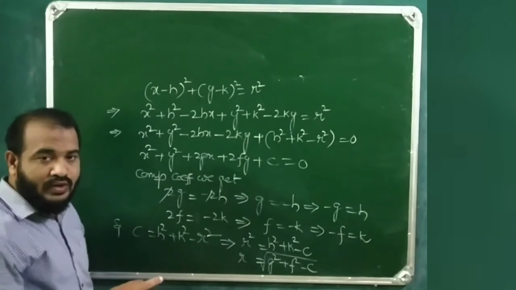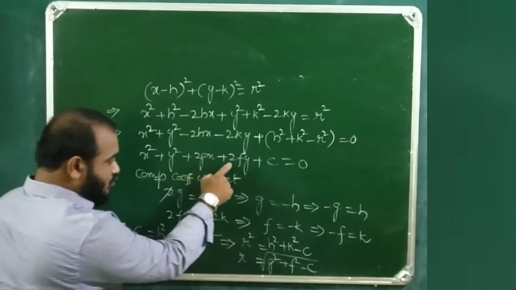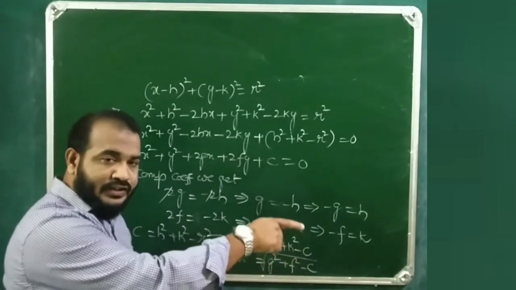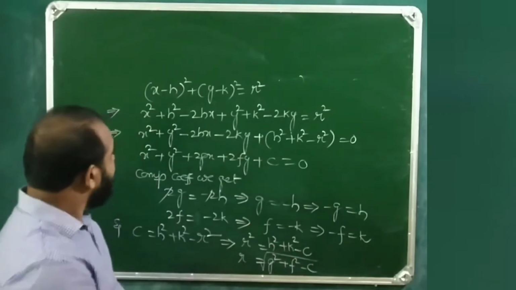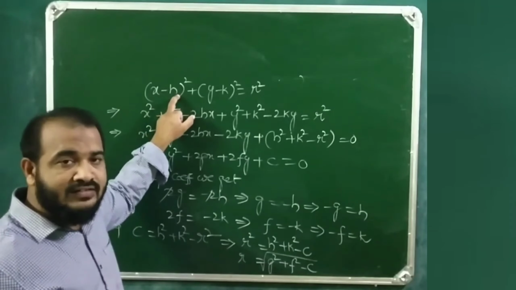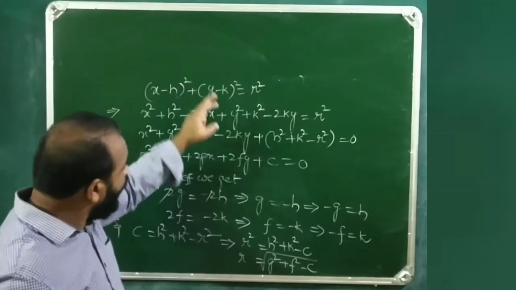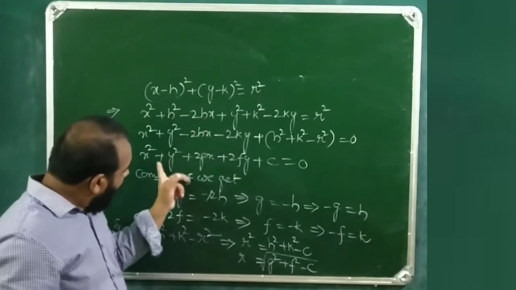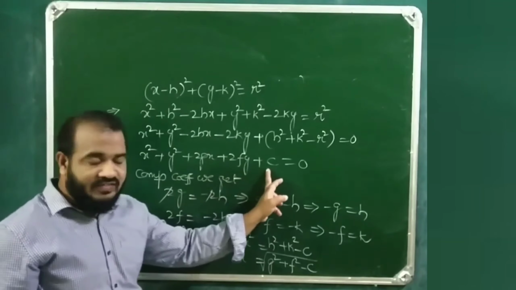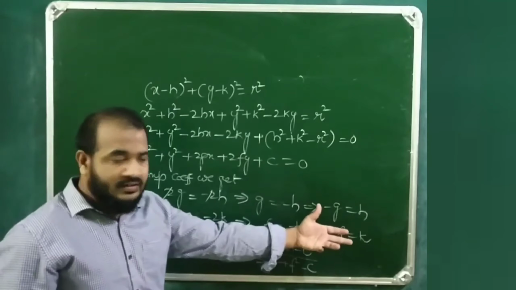Therefore, we arrive at a conclusion that x square plus y square plus 2gx plus 2fy plus c is equal to 0 also represents the equation of a circle. Earlier was the central form of a circle when the center (h, k) and radius r are given. But now x square plus y square plus 2gx plus 2fy plus c equals 0 also represents the equation of the circle.